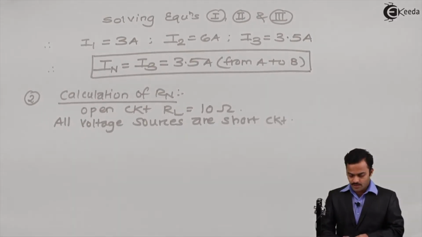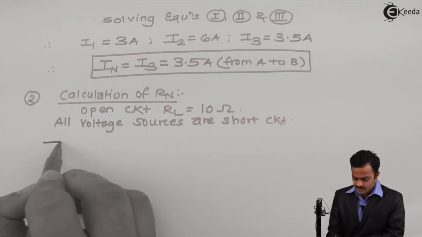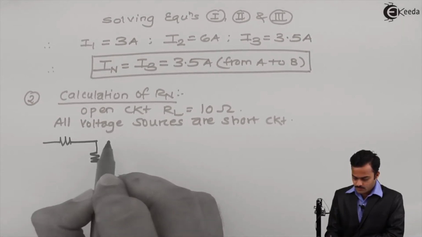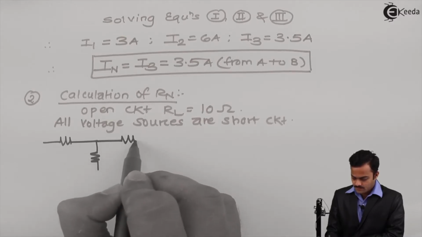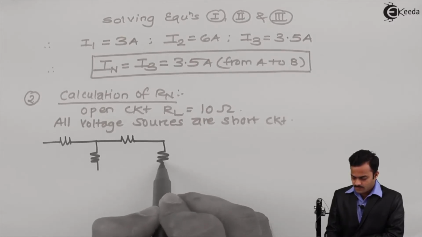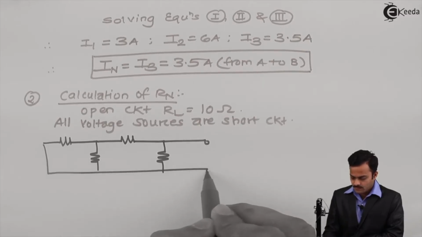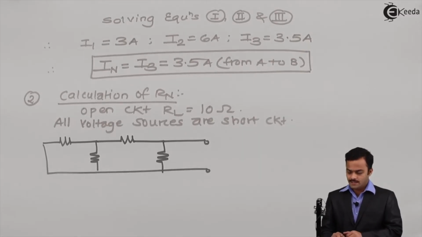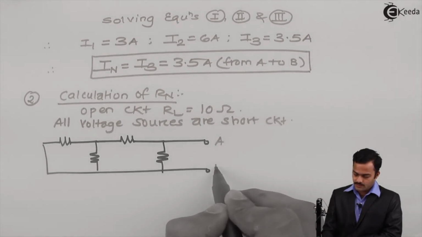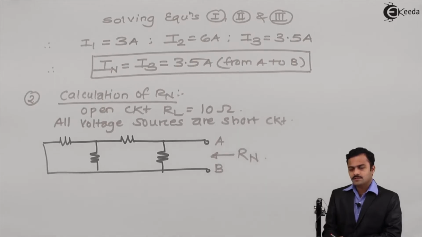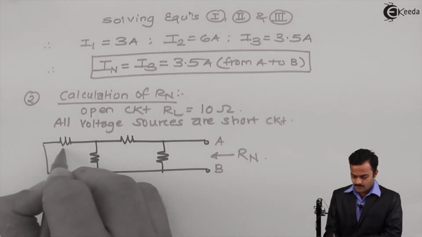So if I consider the modification, I will get a structure like this: 2 ohm resistance, one more 2 ohm resistance, this is 1 ohm, and finally one more 2 ohm resistance, and we are supposed to remove RL, leaving behind open terminals A and B, across which we have to find Norton's resistance Rn.